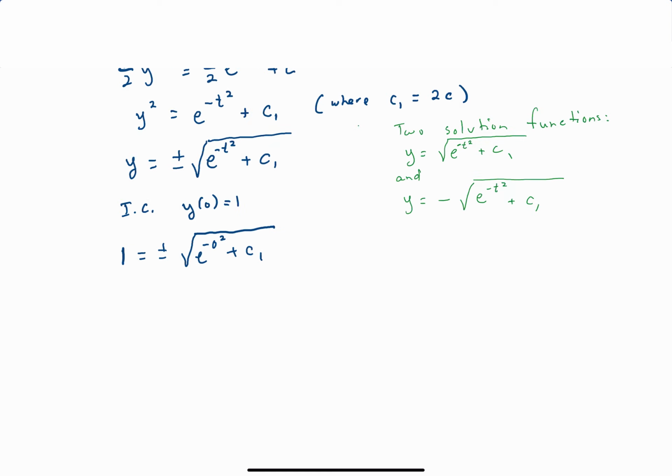I'll square both sides to get rid of the square root, and that will also get rid of the plus minus. So at that point, we'll have 1 equals e to the 0 plus c1. E to the 0, of course, is 1. So c1, the constant inside the radical, must be 0.